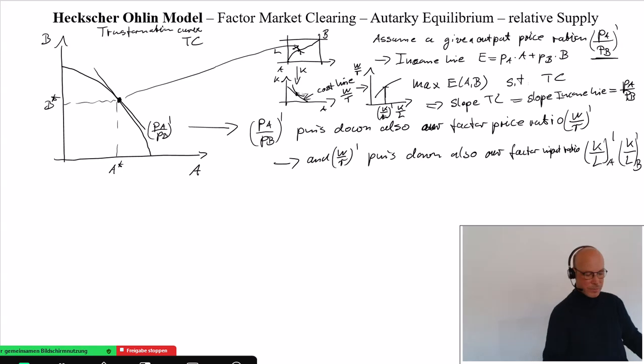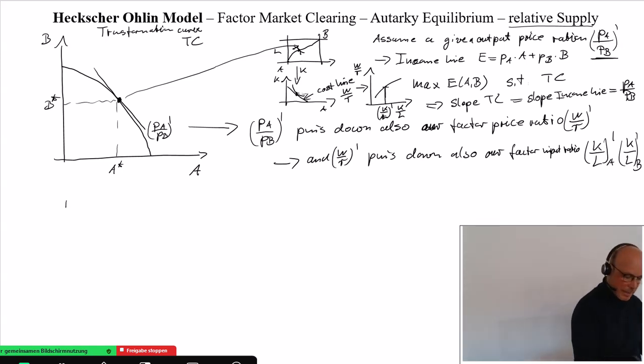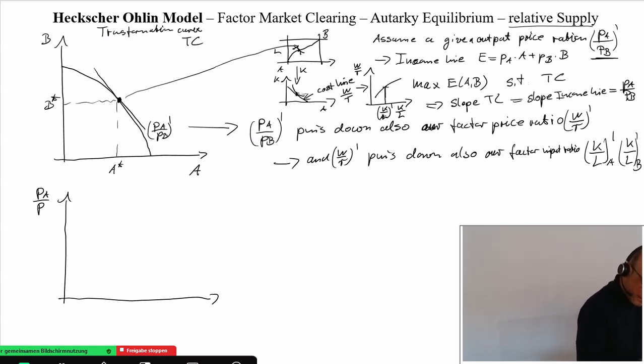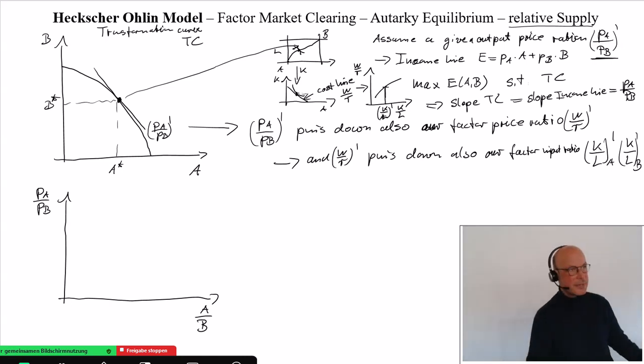And what we can derive from this now also is our relative supply, that we, so to speak, obtain a dependence between our price ratio A over B and our output ratio capital A and B.